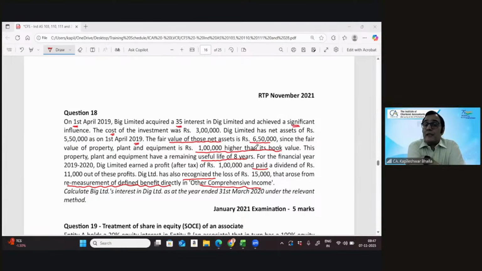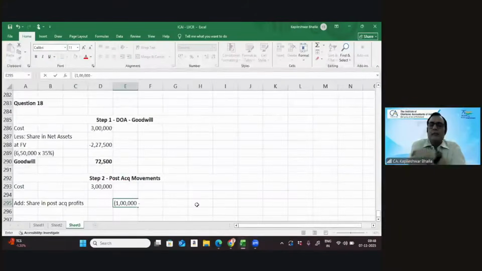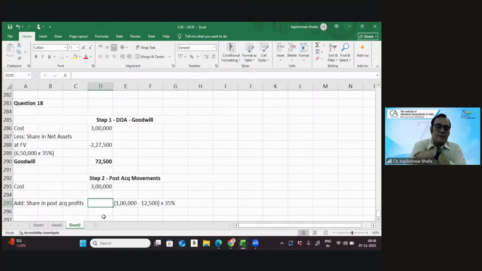We need to check what associate books the entry. In this case, it'll be P&L, of course. But the adjustments would be, there is a revaluation, so we need to take care of the additional depreciation. I guess 1 lakh was the fair value change with 8 years life, so the additional depreciation is 12,500. Let's take a 35% stake in that. So 1 lakh minus 12,500 into 35%, that comes to 30,625.